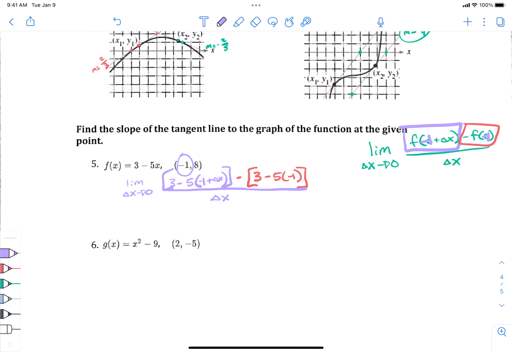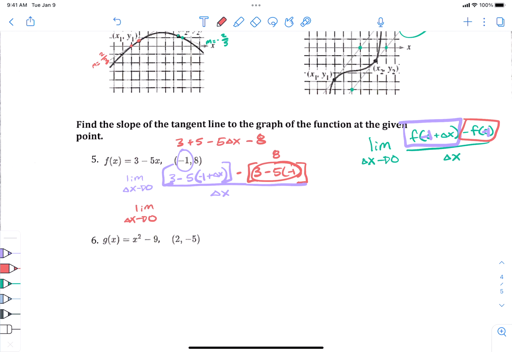Next, let's simplify some things. The limit as change x goes to 0 of, distribute the -5: 3 plus 5 minus 5 change x minus 8.